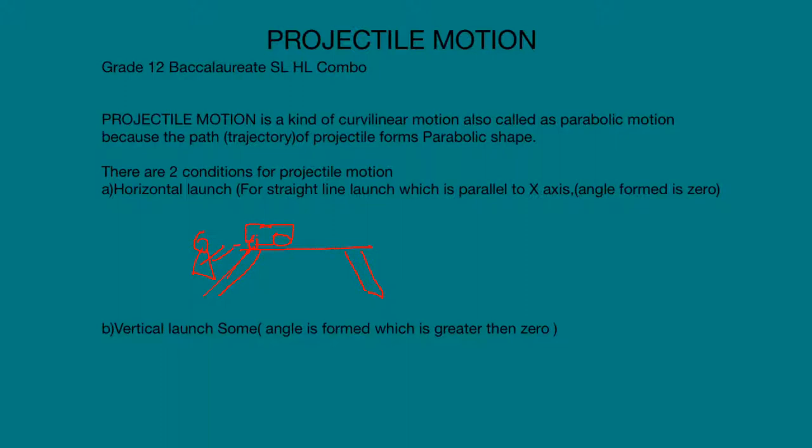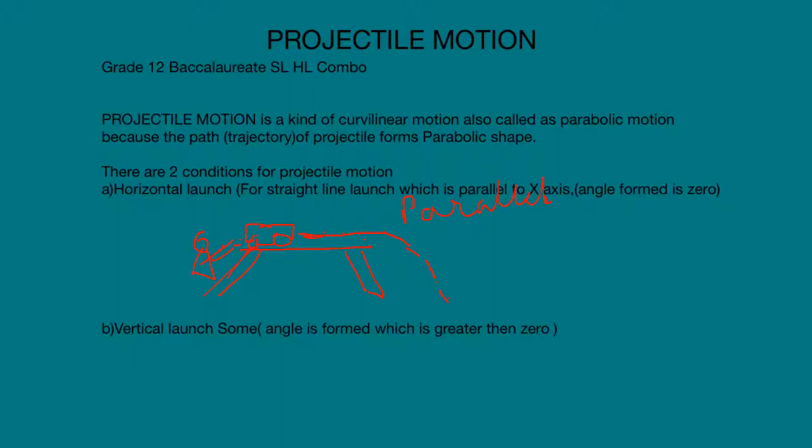He will roll the car on the table. After some time this car will come here. It will run parallel to the ground level, and then afterwards it will fall down like this. So this is horizontal launch. Here also it is parallel to the ground level. In this way this type of launch is called horizontal launch.